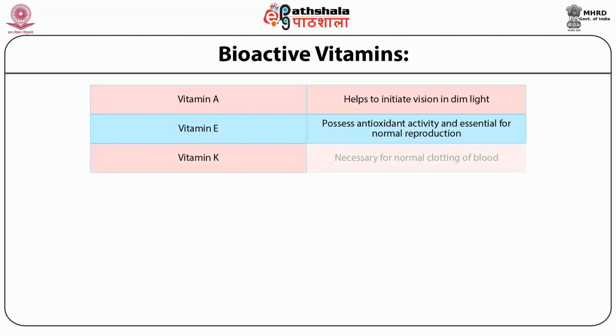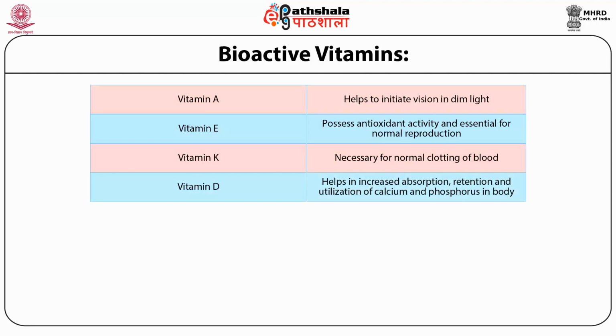Vitamin K is necessary for normal clotting of blood, and vitamin D helps in increased absorption, retention and utilization of calcium and phosphorus in the body. Among water-soluble vitamins, niacin is a pellagra preventive factor.